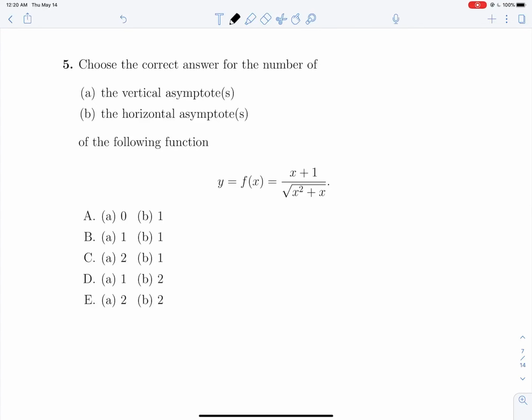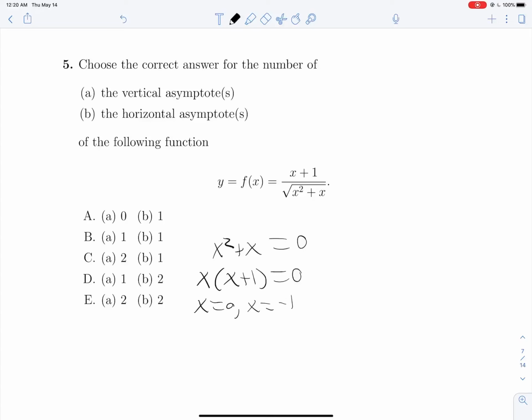So solving for this denominator equal to 0, the square root of x squared plus x is equal to 0, we can square both sides and factor. This is x times x plus 1 is equal to 0. The thing is, even though we have two values here, x is equal to 0 and x is equal to -1, which solve this equation, only one of these is a vertical asymptote, because this factor appears in the numerator also, that means that it's a hole.